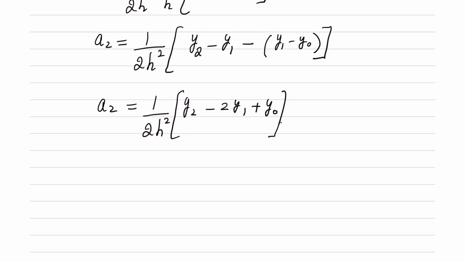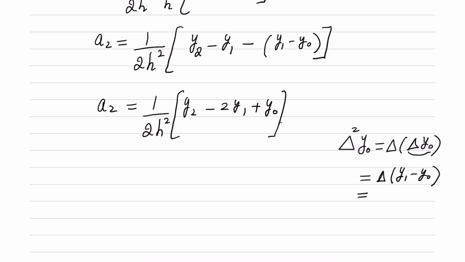Let's do some simple calculation on the side. Let's say you are asked to calculate forward difference operator applied 2 times on y0. So what you do is 1 del out and 1 del in. Del y0 by definition is y1 minus y0. Now just like you apply a number inside, the same way you apply this forward operator inside, multiply it with both y1 and y0.